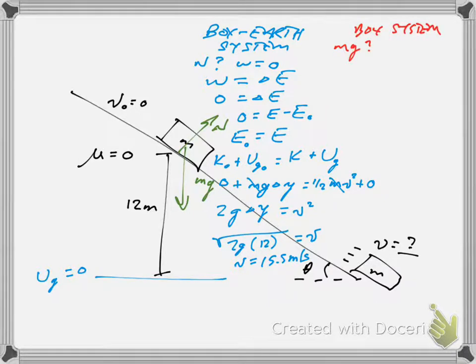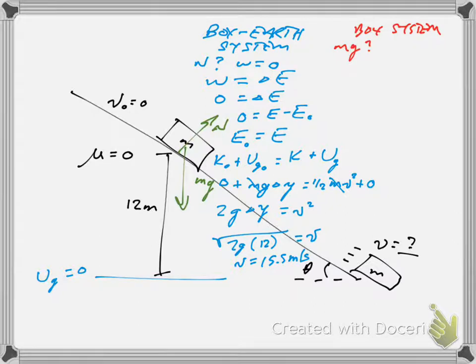For the box system, of course, mg is acting on the box. Is it doing work? Yes, it is, because even though the gravitational force and the displacement are not in the same direction, there's part of them that are in the same direction. In other words, there is a component of mg, as we learned before doing our kinematics approach, a part of mg that's in the same direction as the incline.